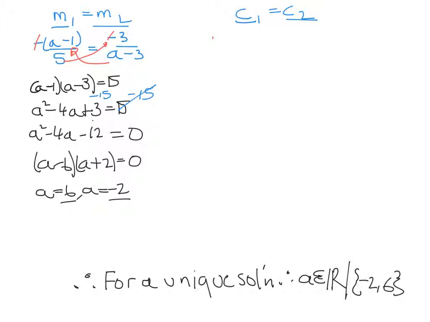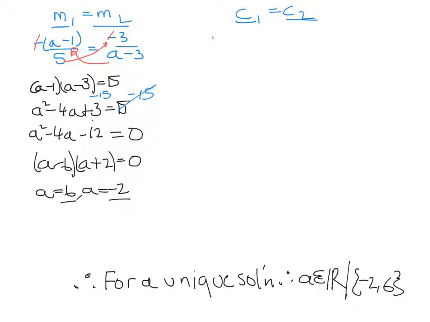What if I asked you for another problem and I said, what value of a would give you an infinite number of solutions? Well, when the gradients were equal to one another and the intercepts were equal to one another, then there is an infinite number of solutions because the two graphs are the same as one another.